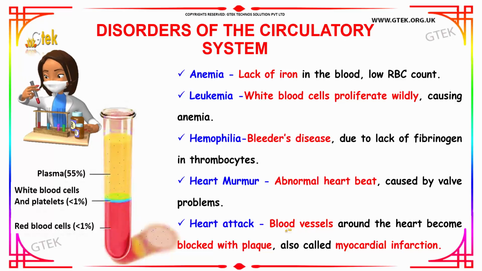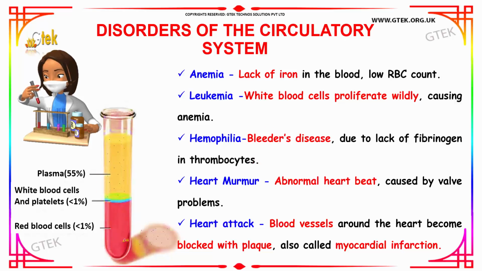If the blood vessels around the heart become blocked with plaque, which is deposited fat, then it is known as myocardial infarction, which has the common term as heart attack. So these are the common disorders a person can face regarding the circulatory system.